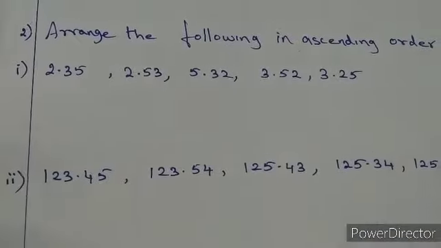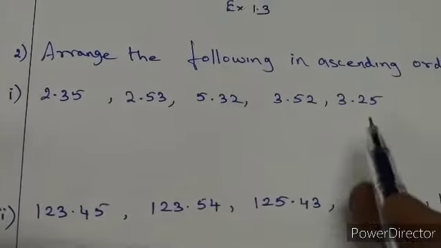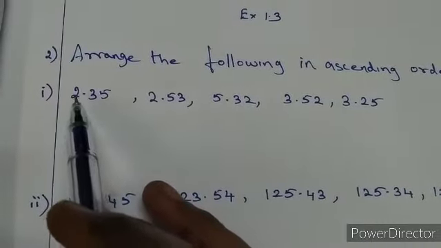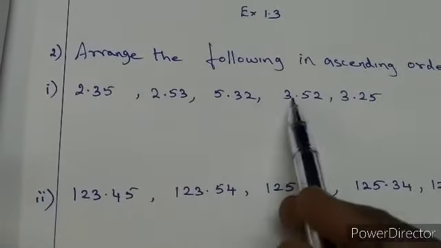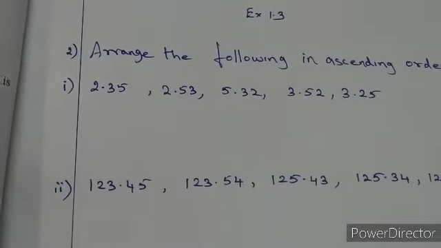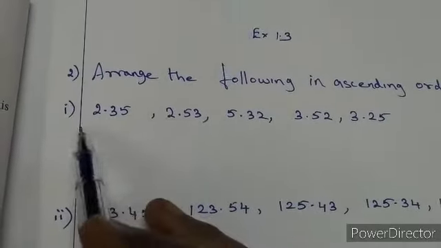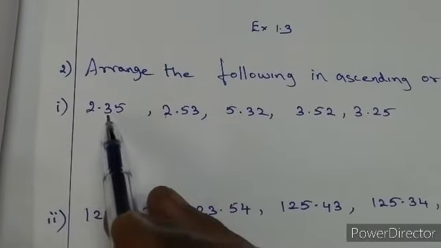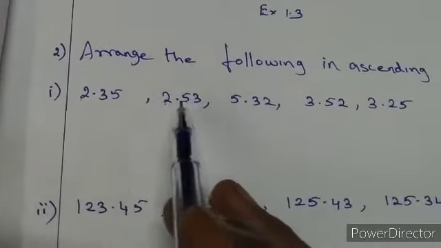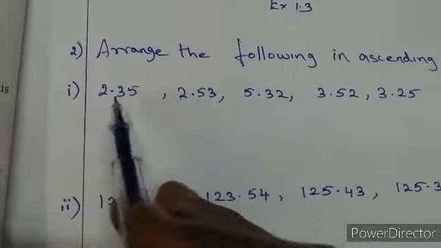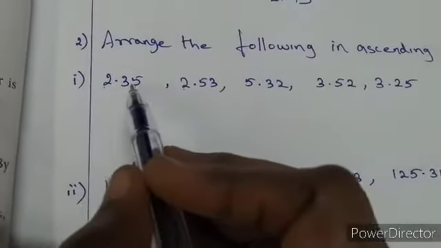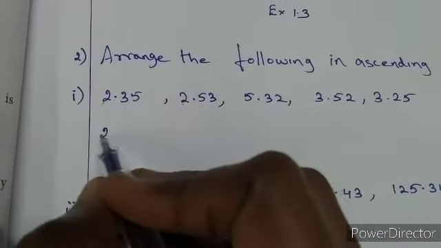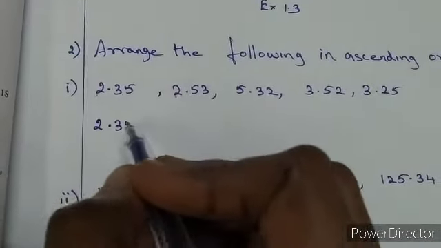Ascending order means we have to arrange the numbers from small to big. So compare the whole number parts first: 2, 2, 5, 3 and 3. So 2 is lesser than the other numbers. In this also, 2 and 2. Move to the 10th place. It's 3 and this one is 5. So first, 2.35 is lesser than 2.53. So the first number is 2.35.